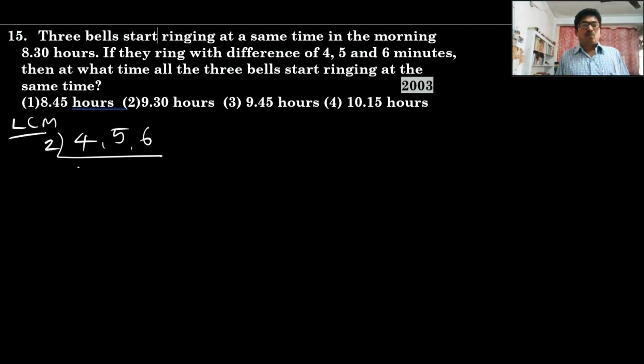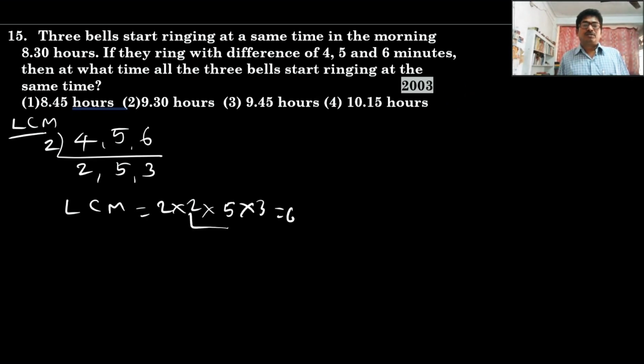So 2 table, 2 2s are 4, bring down 5, 2 3s are 6. So the LCM of these numbers is 2 into 2 into 5 into 3. 2 into 2 is 4, 4 into 5 is 20, 20 into 3 is 60. 60 minutes means 1 hour. So what time will all 3 bells start ringing at the same time?